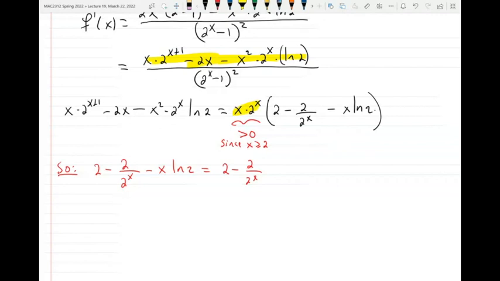So I'm going to keep the x in there, and what I'm going to do, just to make things simpler, is note that this quantity here is certainly positive, right? So if I remove it from here, I'm going to get something smaller, because I have this expression and I'm subtracting a positive quantity. If I remove it, I just don't want to have that 2 to the x in there.